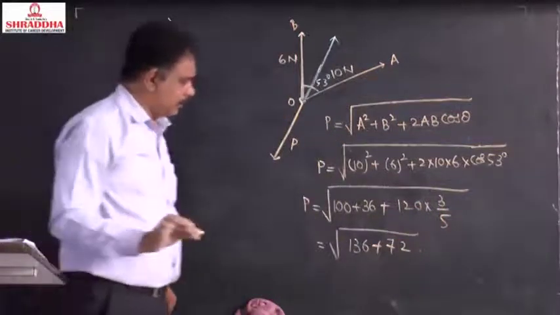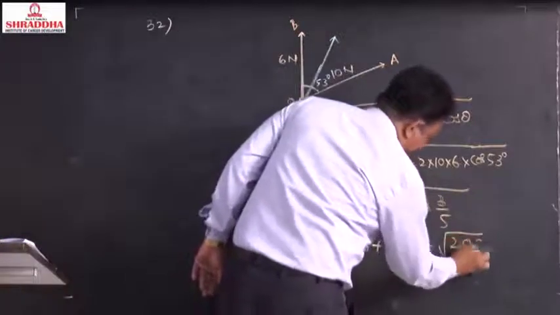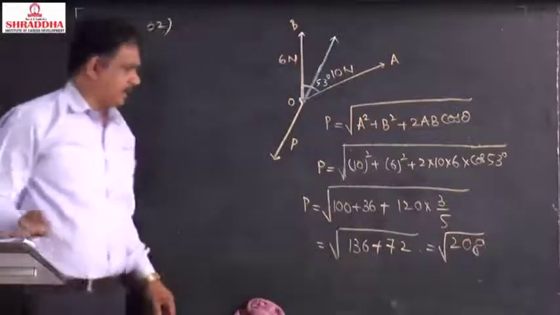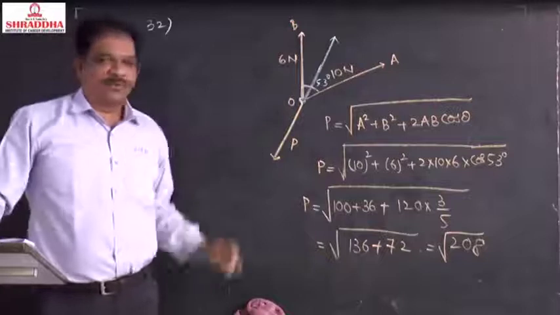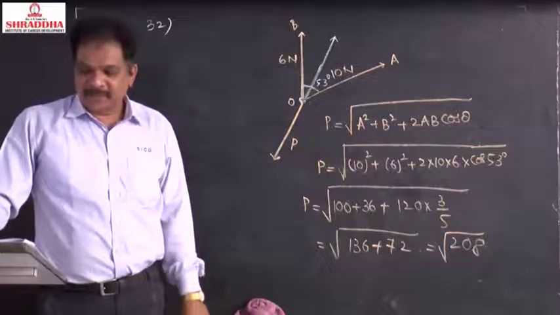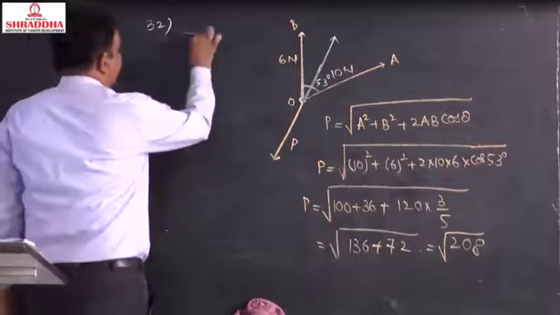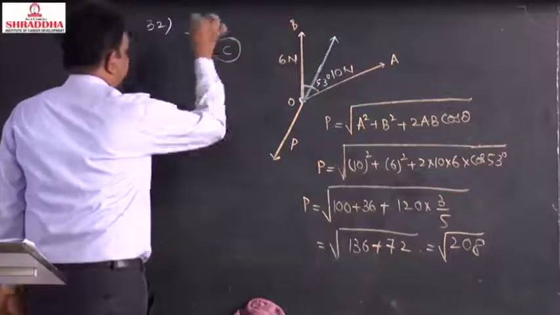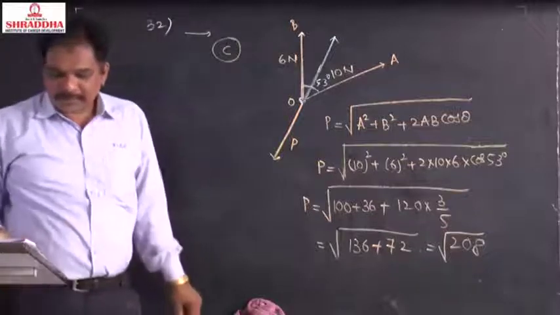So finally this value is root 208. So P value is equal to root 208. That is the answer. 32, it will be C.